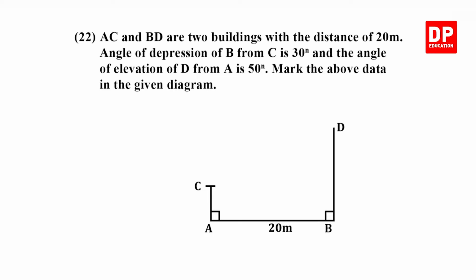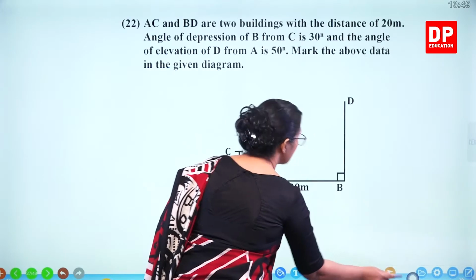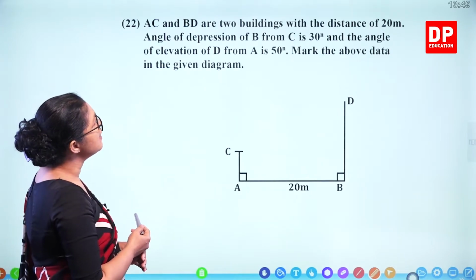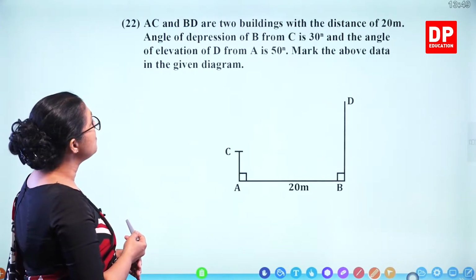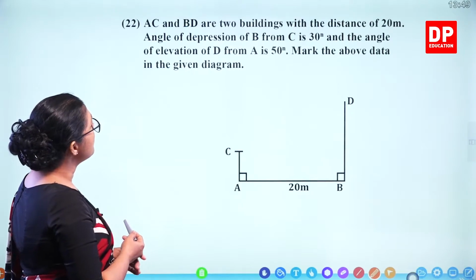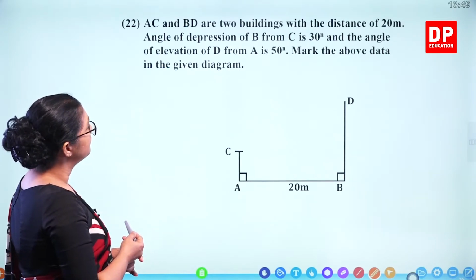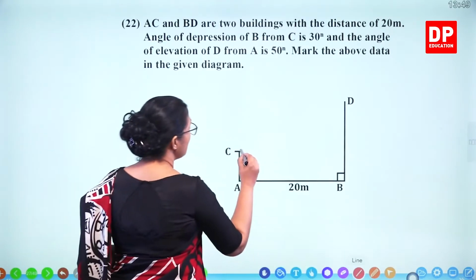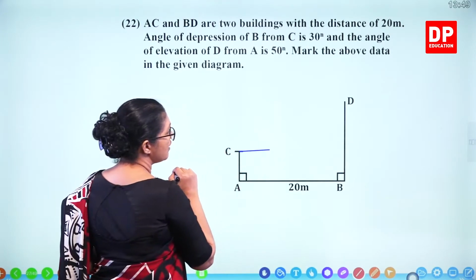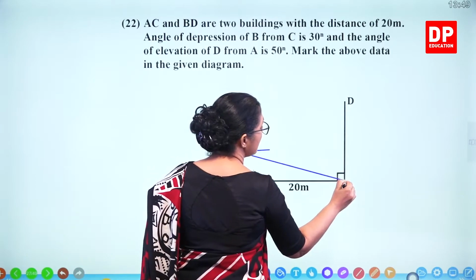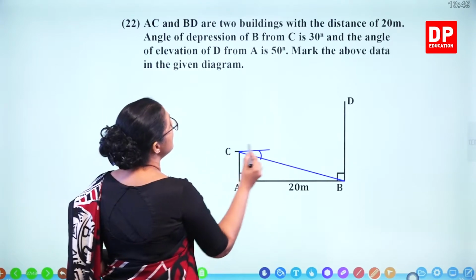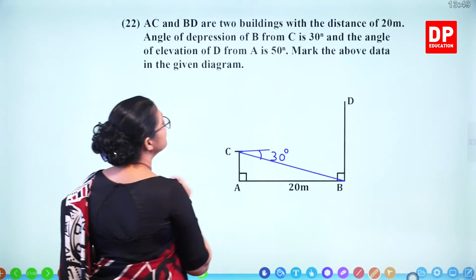Question number 22. AC and BD are 2 buildings with this distance 20 meters. The angle of depression of B from C is 30. How can we mark? So you can draw the horizontal line. Angle down is called the angle of depression. So this one, that's 30 degrees.